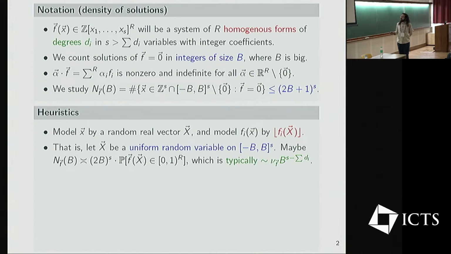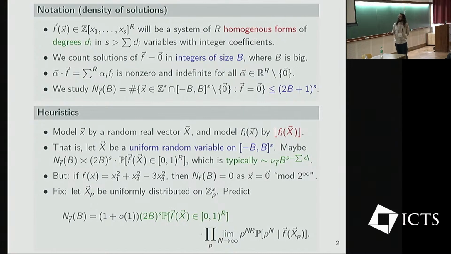That model predicts, so we get about 2B to the S bites at the cherry, about 2B to the S things in here where f might be equal to 0. In this random model, this is the probability that each one of them is equal to 0. And so our prediction is this much. The typical size of this prediction is some constant depending on f times B to the S minus the sum of the d_i.